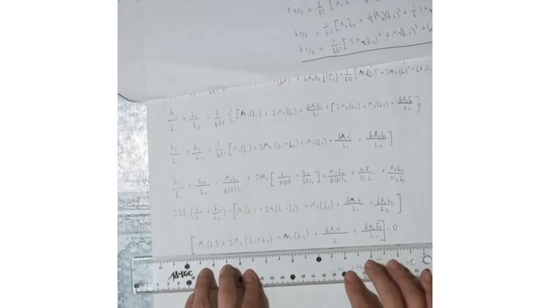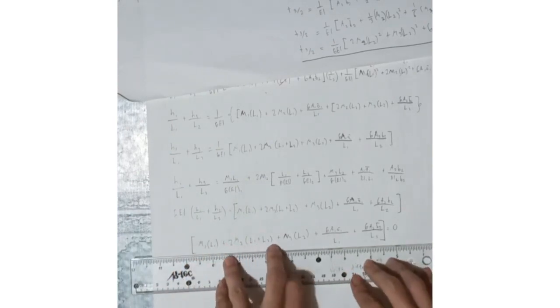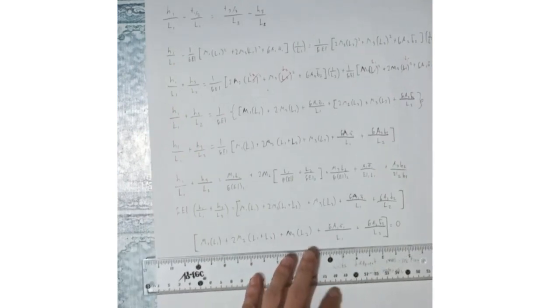So kaning H1 o H2 mahimong siya 0. So atong final formula kay M1 L1 plus 2M2 times L1 plus L2 plus M3 L2 plus 6 A1 A bar 1 over L1 plus 6 A2 B bar 2 over L2 equals 0. So muna siya equation atong gamiton for the following examples or problems na atong isolve.